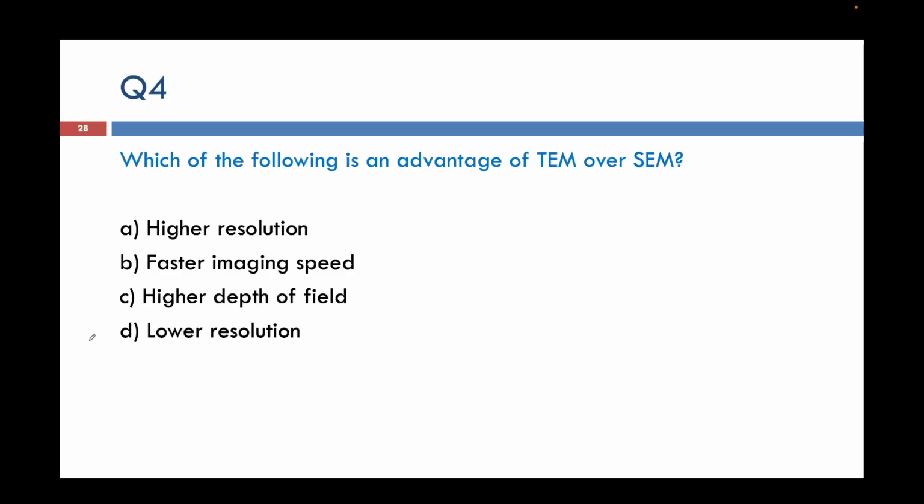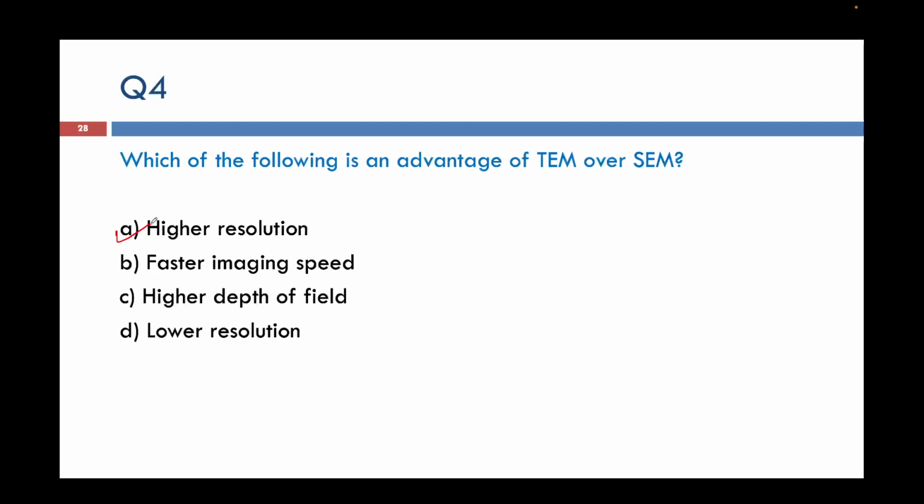Then the fourth question is, which of the following is an advantage of TEM over AFM? Higher resolution, faster imaging speed, higher depth of field, lower resolution. Can anyone answer? Yes, higher resolution. That is the correct answer. Since TEM has the capability of resolving atoms, that is why higher resolution.